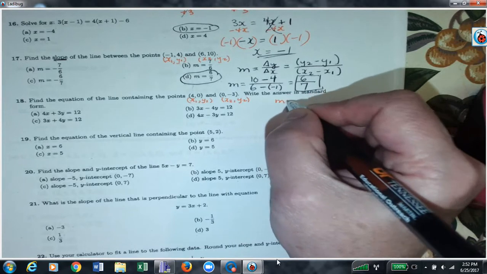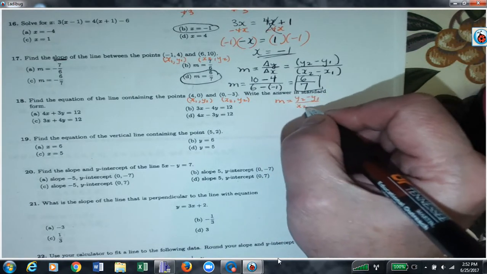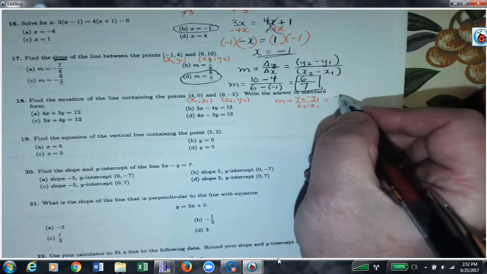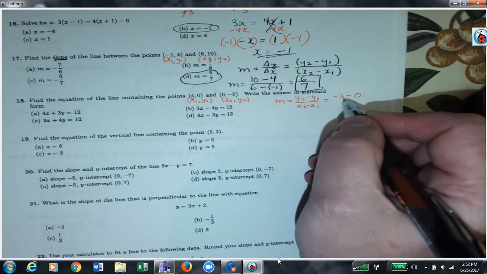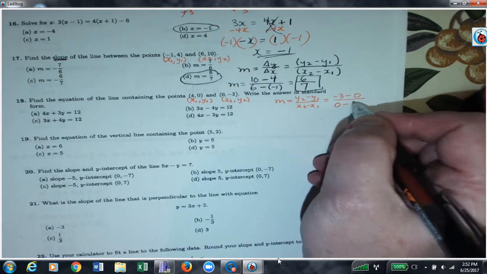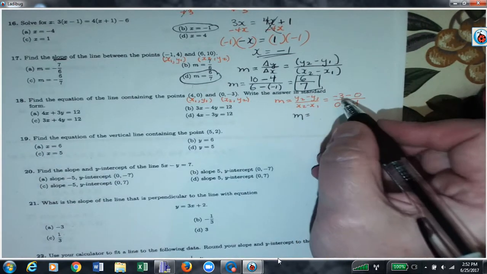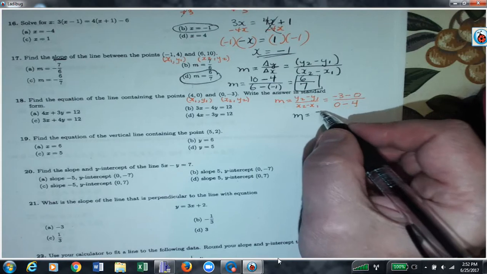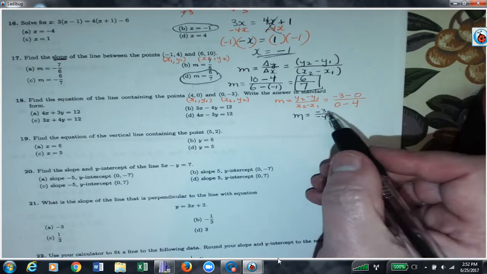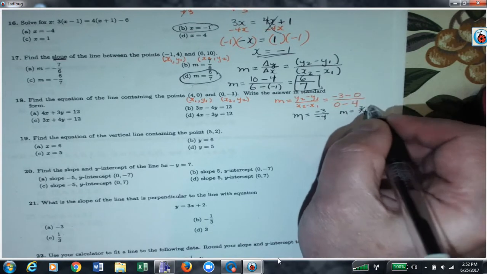So the slope is going to be y2 minus y1 over x2 minus x1, which is going to be negative 3 minus 0. So I have negative 3 in the top. And 0 minus 4 is negative 4. Now, these negative signs cancel.